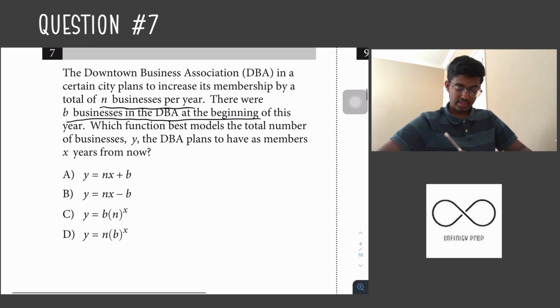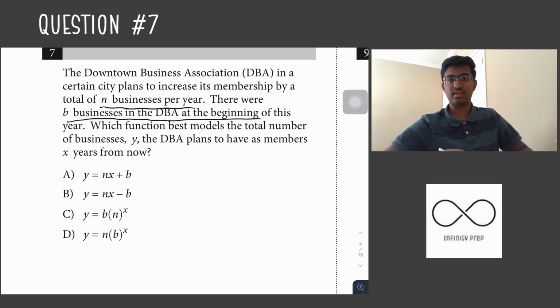So answer choices C and D for this problem would be wrong, because both of these are exponential functions. But in the question, it states that the city plans to increase its membership by a total of n businesses per year. This indicates that it's a linear increase, not an exponential one. So C and D would be wrong.